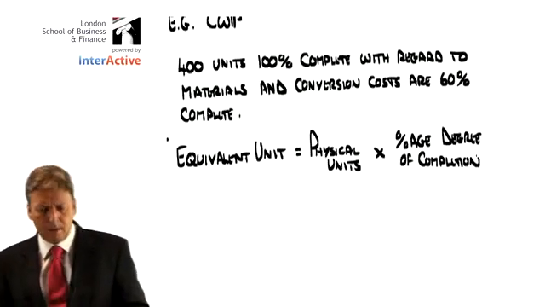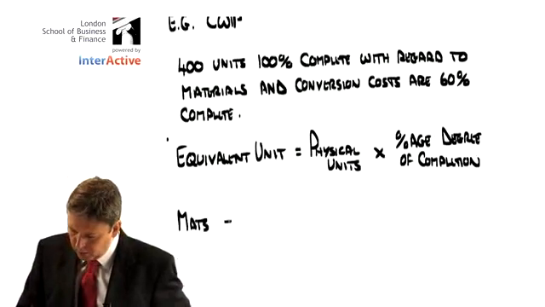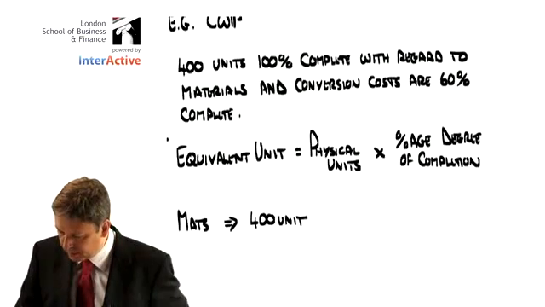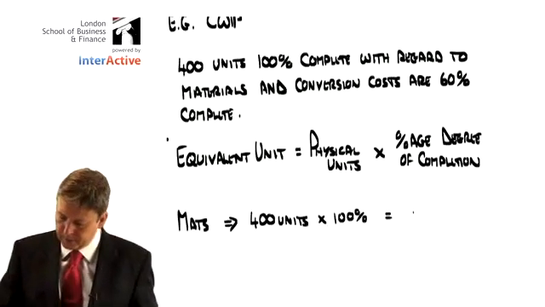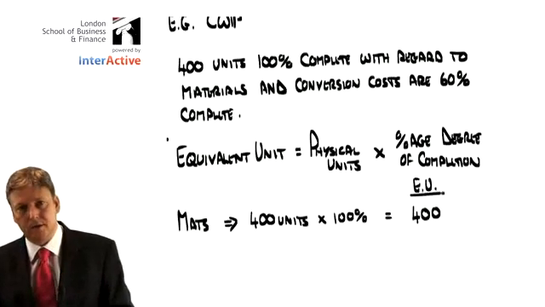Very simply, in this example, if we were looking at the materials, we know that we have what? 400 physical units. And they are 100% complete with regard to material content. So we would get 400 equivalent units. That's not rocket science.